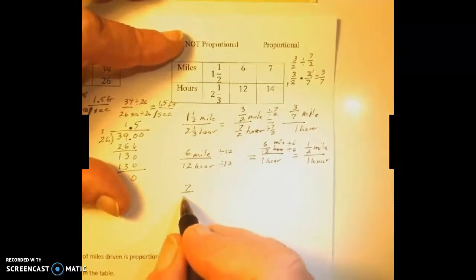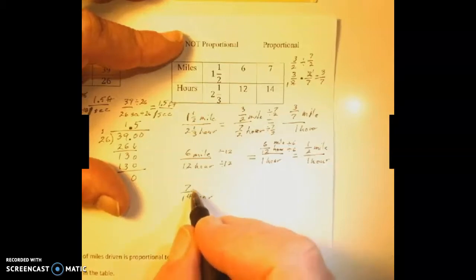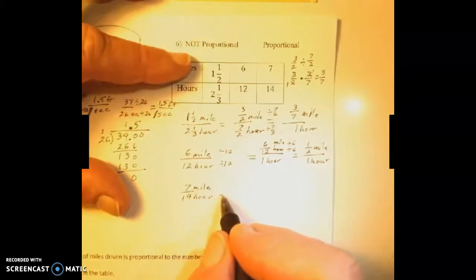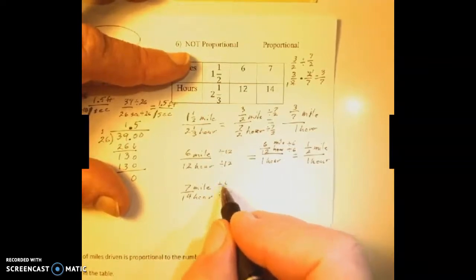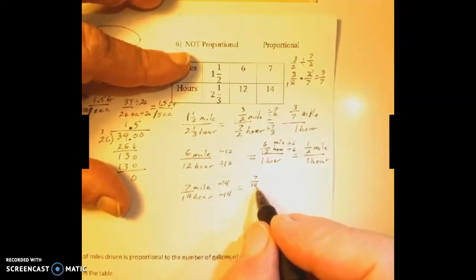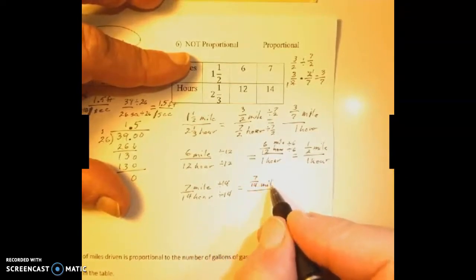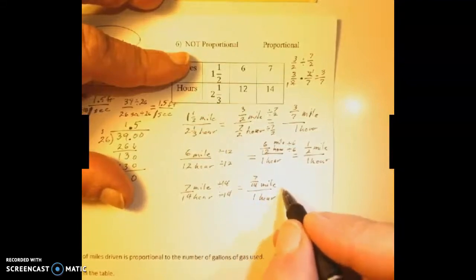That is 7 miles in 14 hours. So again, you're going to divide by the denominator, divide by 14, and you are going to get 7/14 of a mile in 1 hour. And reduce that.